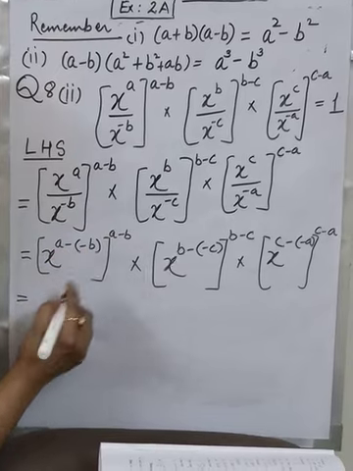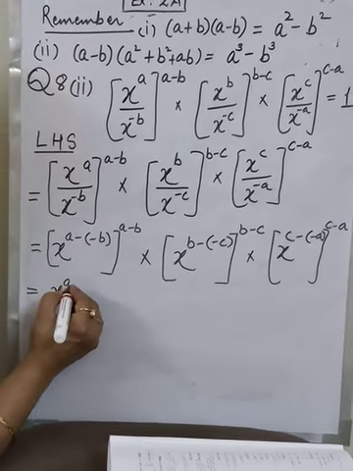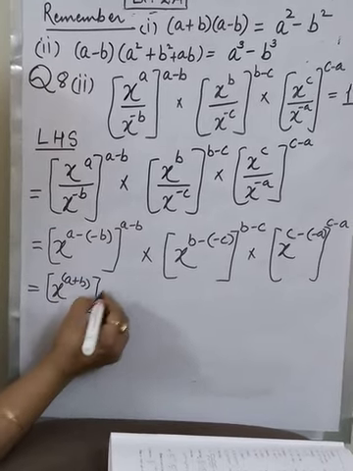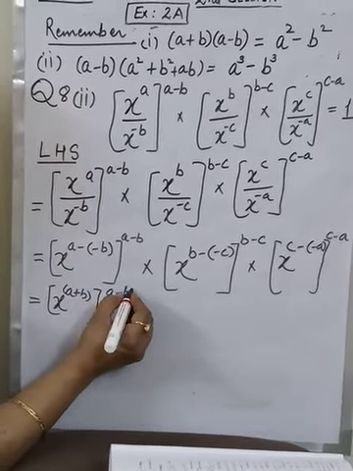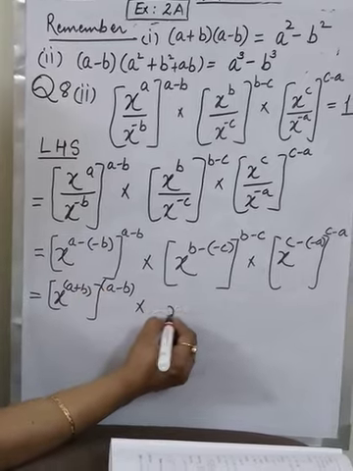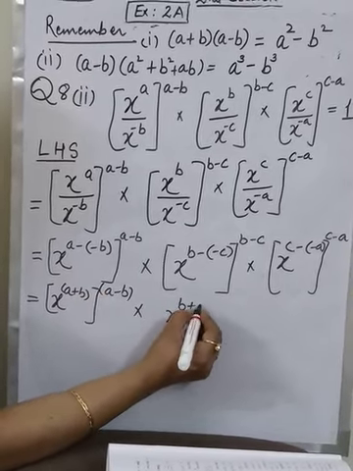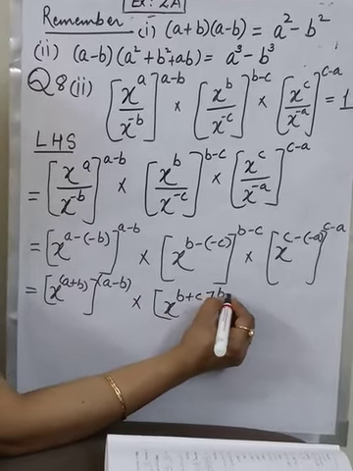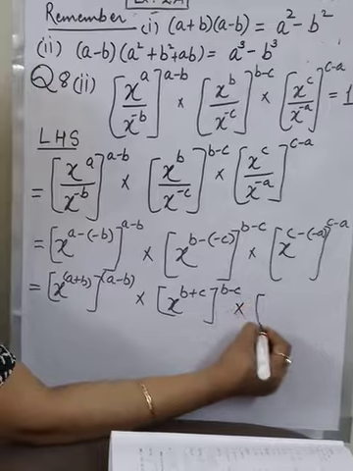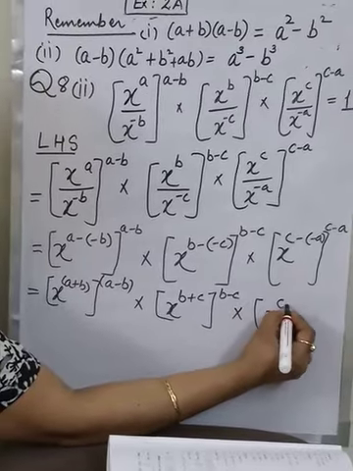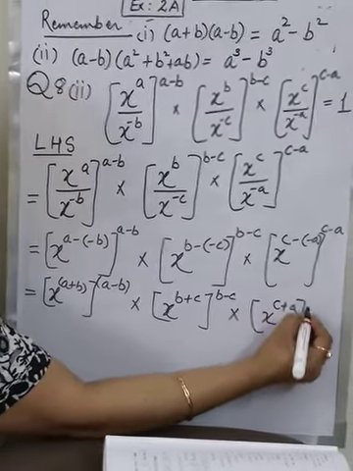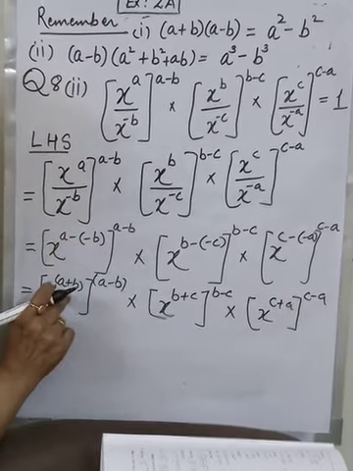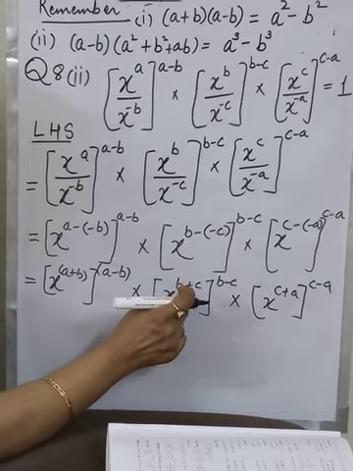Minus minus will become plus, so we will get x to the power a plus b and whole to the power a minus b, x to the power b plus c and whole to the power b minus c, x to the power c plus a and whole to the power c minus a. Because this minus minus is getting positive.